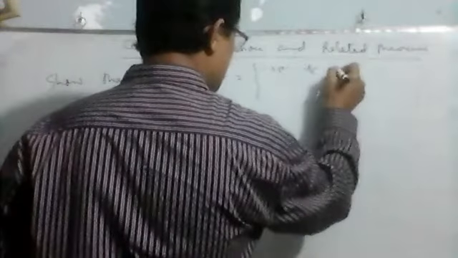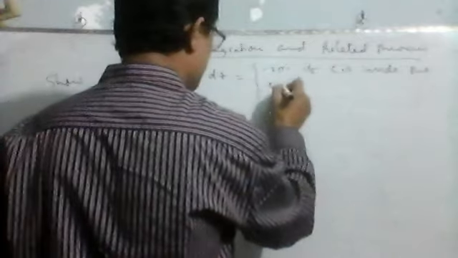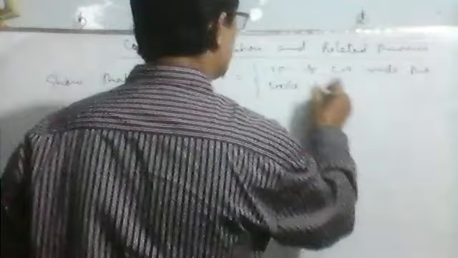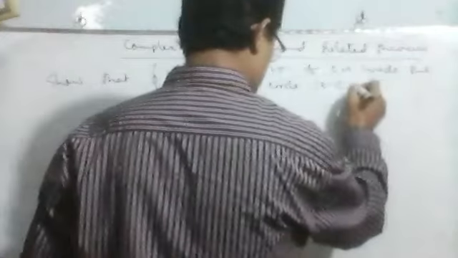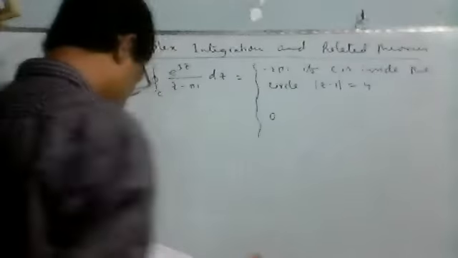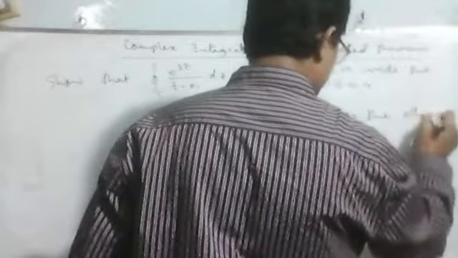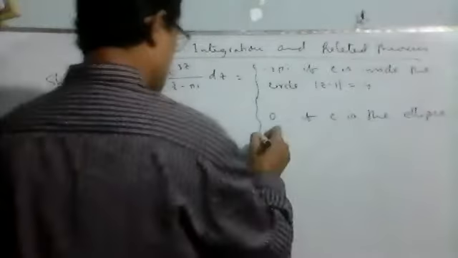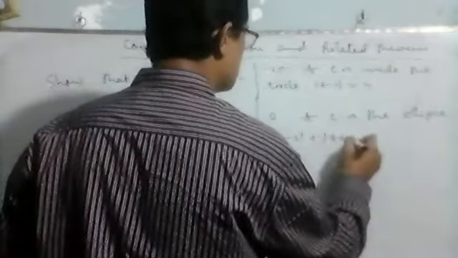minus twice pi I if C is inside the circle mod z minus 1 is equal to 4, and this is equal to 0 if C is the ellipse mod z minus 2 plus mod z plus 2 is equal to 6.